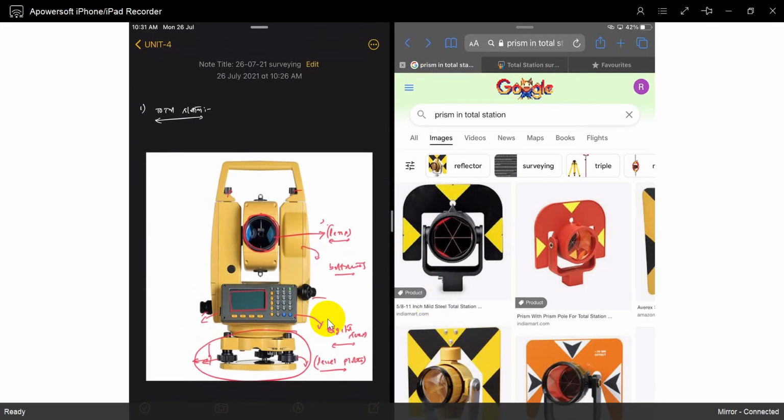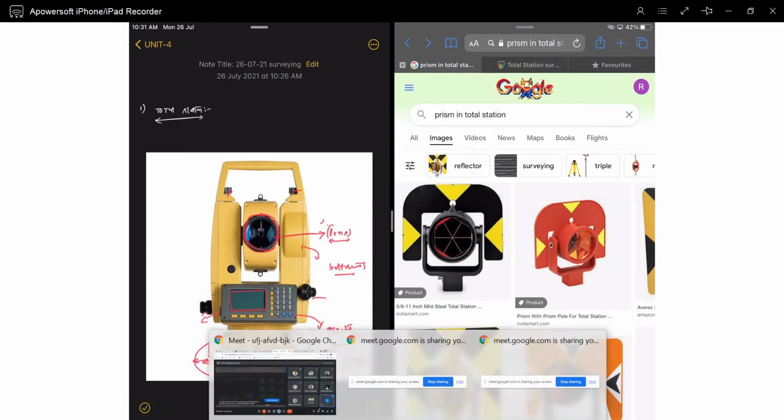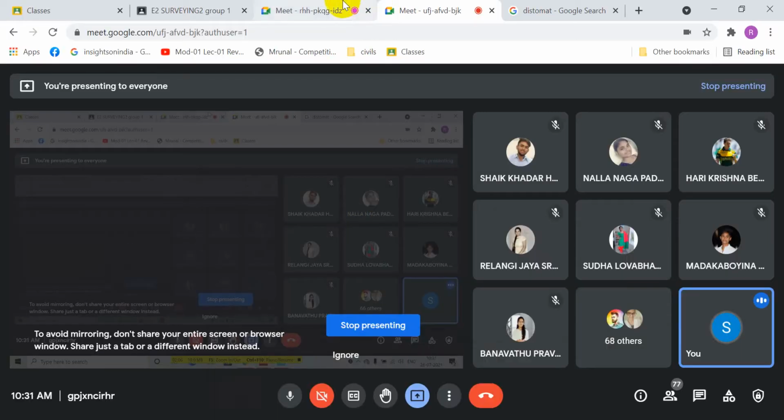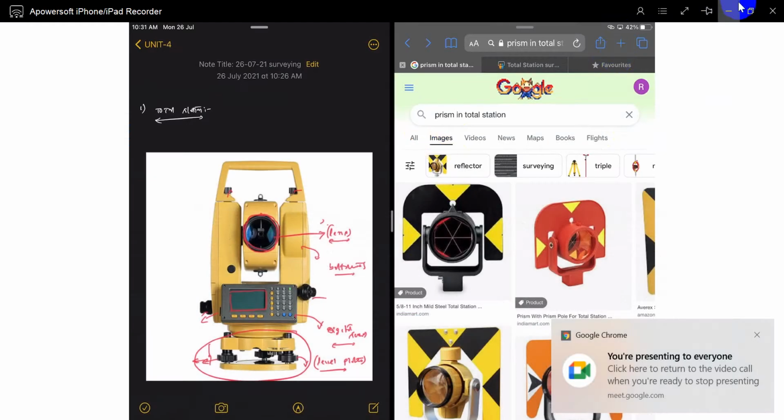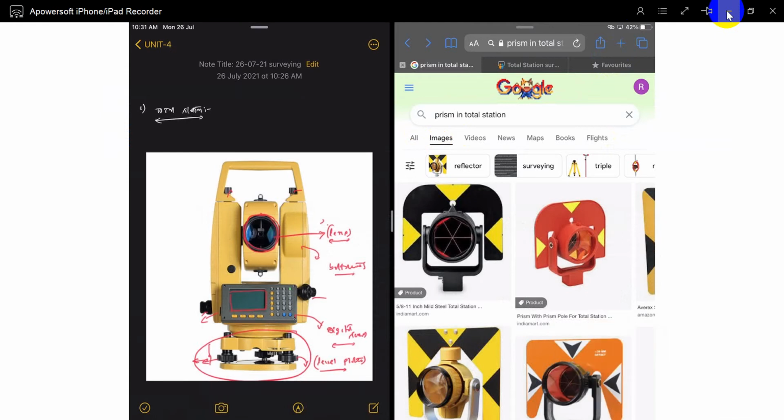These are the important words, but I will give one PPT also. If you want to write an essay about the total station, you require some material, no? So I just explained the important things and the uses.